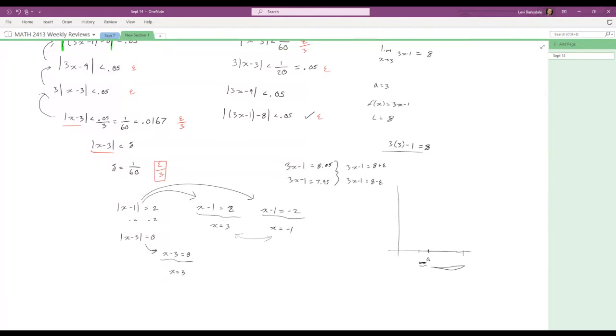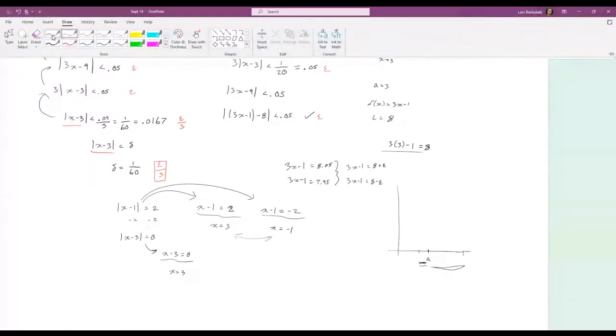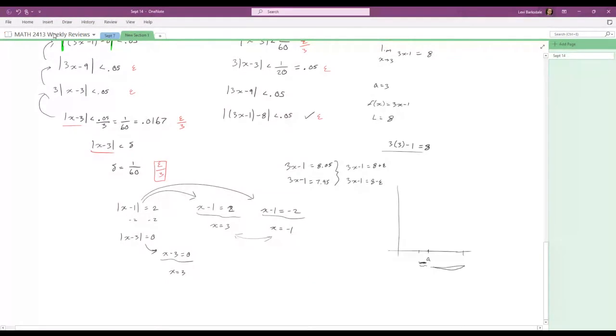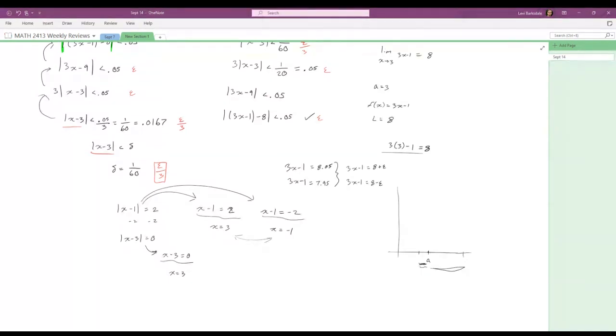So for a linear function, your largest delta will be the same regardless of which side you're looking at. And I was actually going to do a nonlinear one next. The way you are supposed to solve it basically doesn't always give you your largest possible delta. It just gives you a delta that will work for any epsilon.